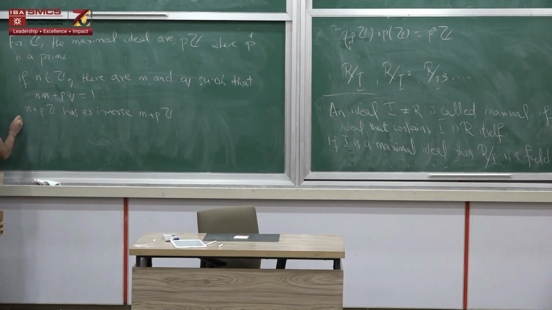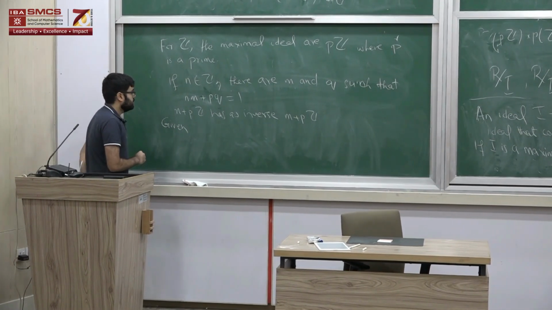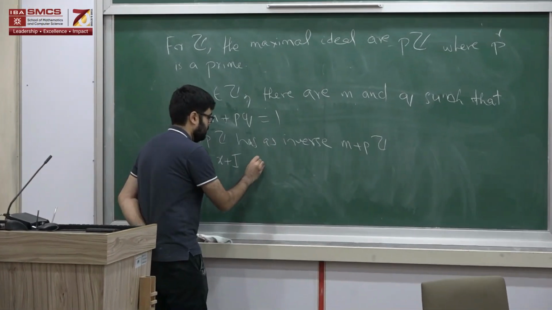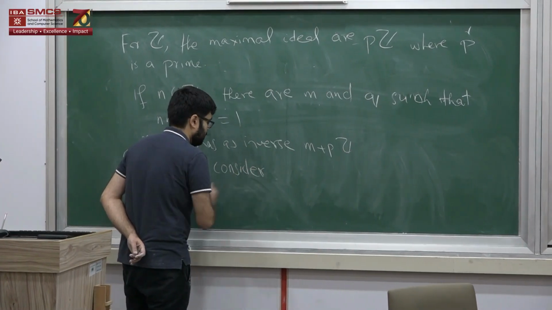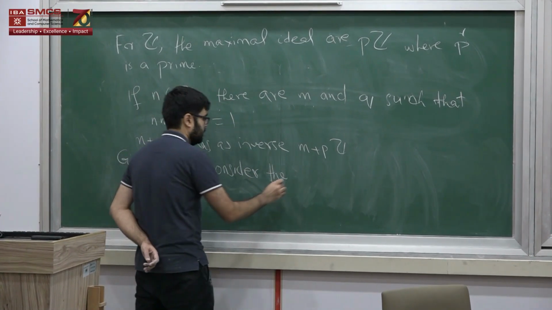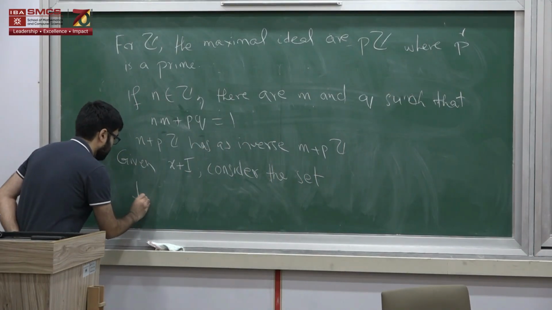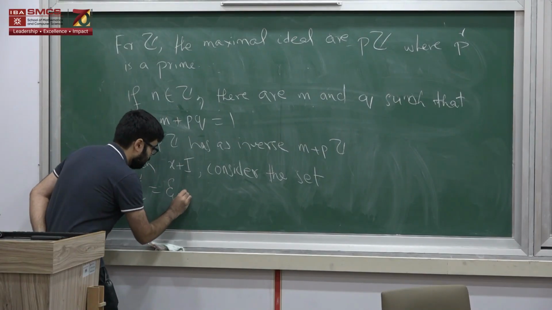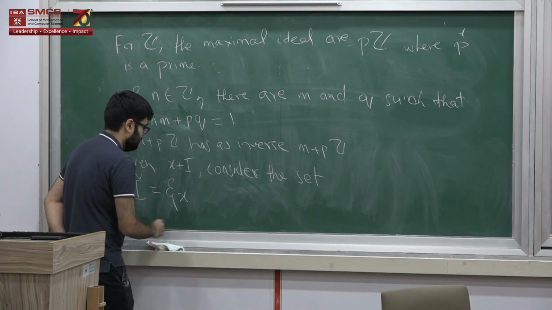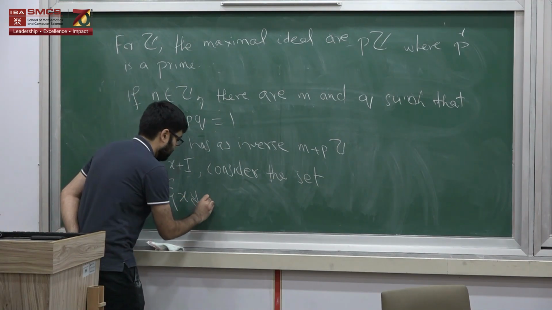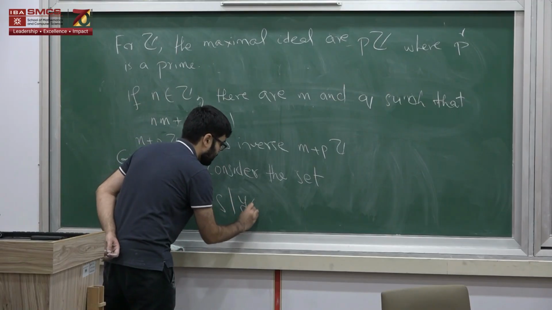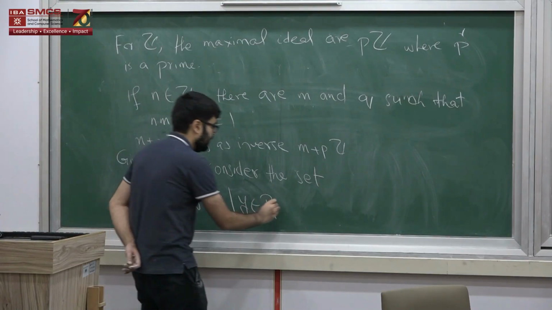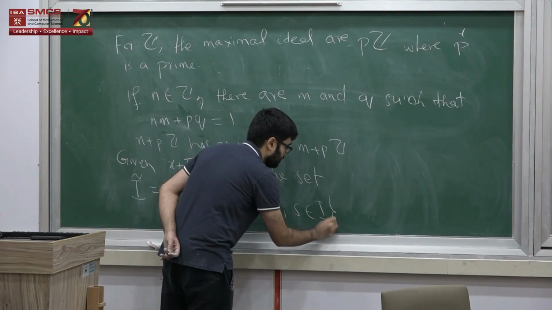So what we do is, given, let us say, x plus I, consider the set, let me call it I tilde, which is the set of all elements of the form x times y plus s, where y goes over all the elements of my ring, but s is in the ideal.